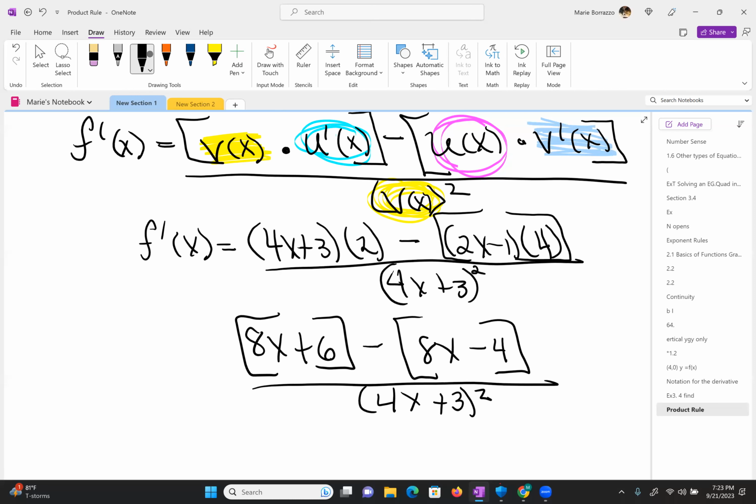Okay, so remember, you're distributing this negative in here. So I'm going to do this in orange. That makes it negative 8x and positive 4. So that means the 8s are going to cancel. Your final answer here is going to be 10 over 4x plus 3, and that's squared.